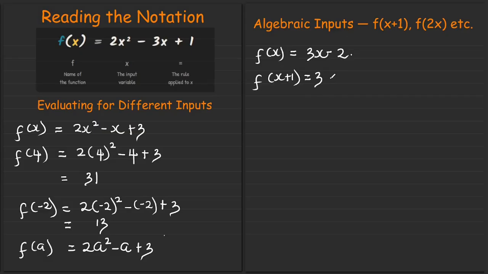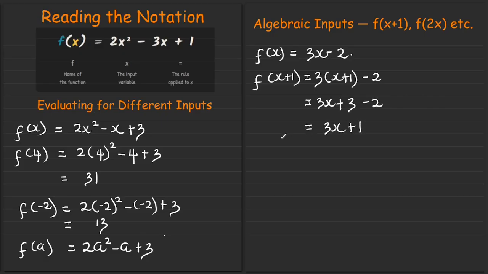So in brackets, we have x plus 1. Then minus 2, after which you do your necessary simplification. 3 times x gives us 3x. 3 times 1 gives us a positive 3. Then we have our minus 2. Simplified further, we have 3x plus 1.